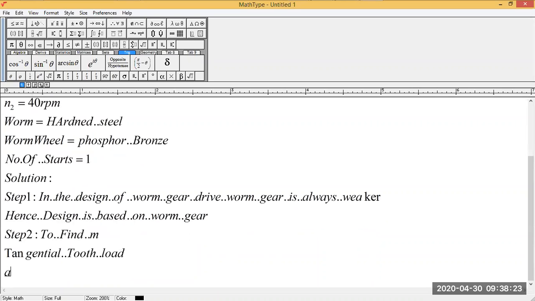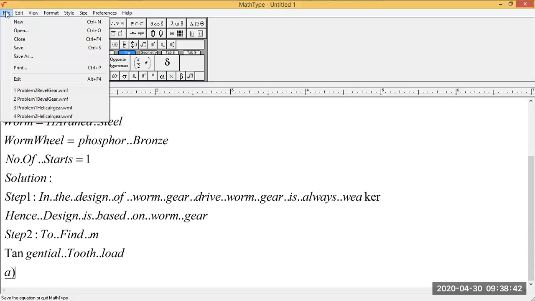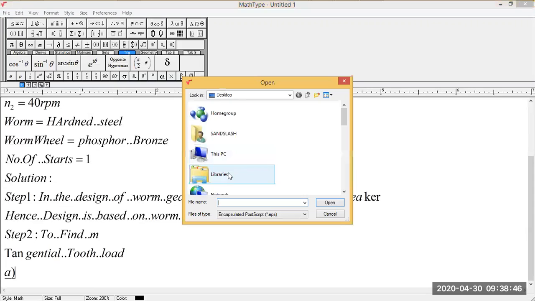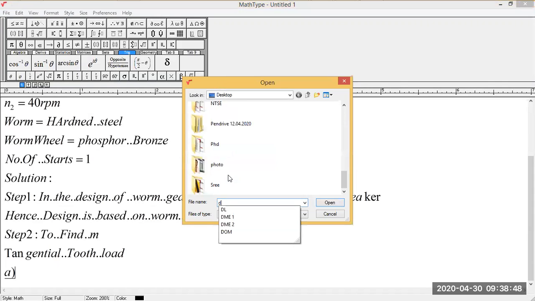So again, similar to the previous three gears, tangential tooth load is a generalized formula, derived once, and we use the specified formula for the others. We just copy from the previous one here.